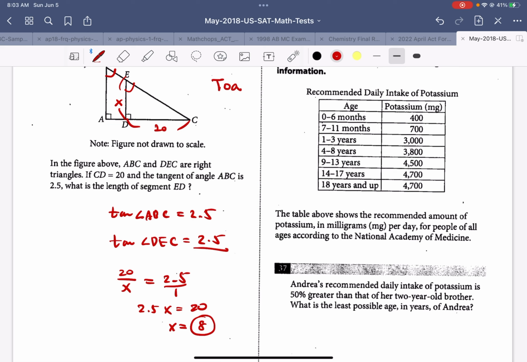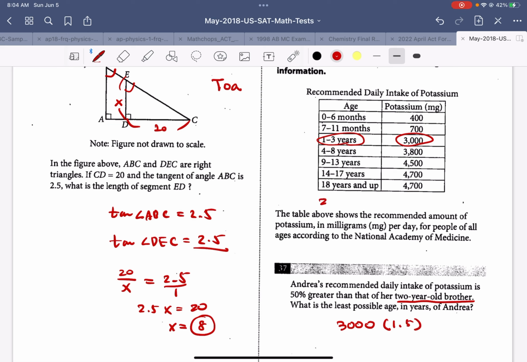If you look at the table, 2 years belongs here, which is 3,000. So Andrea's recommended daily intake is 50% greater, so 3,000 times 1.5.